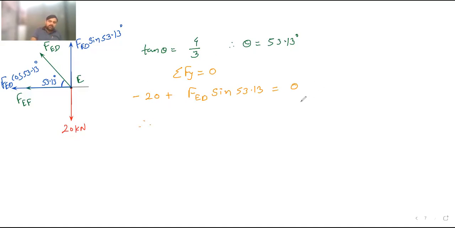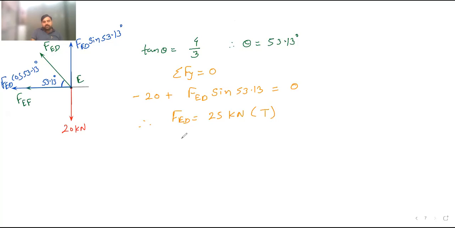Therefore, this minus 20 will become plus 20. So FED is equal to, you will get the positive answer, 25 kilonewton, and it is tensile. You got the positive answer. Okay, 25 is the correct answer.